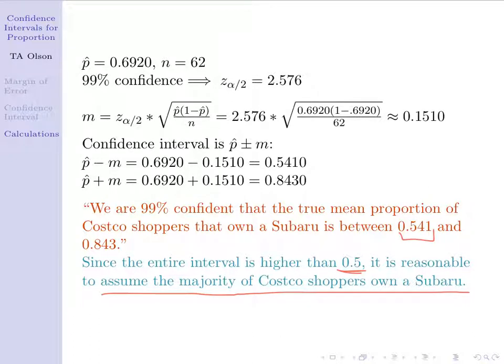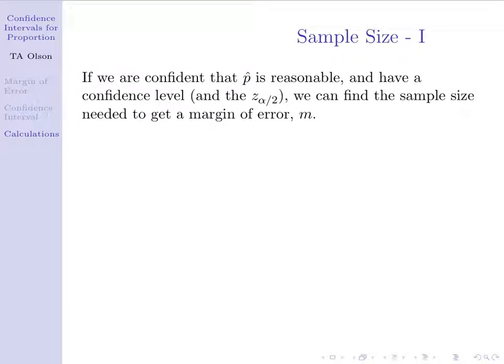Now let's talk about sample size. Okay, so if we are confident that our P hat that we've calculated is reasonable, right? Or if we've done a little information ahead of time. But now we want to talk about shrinking our margin of error, right?